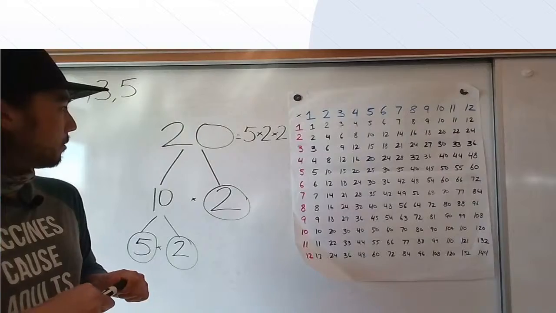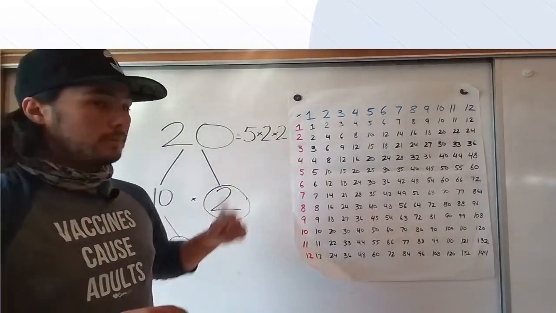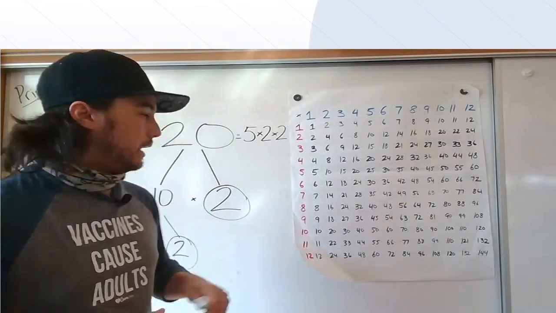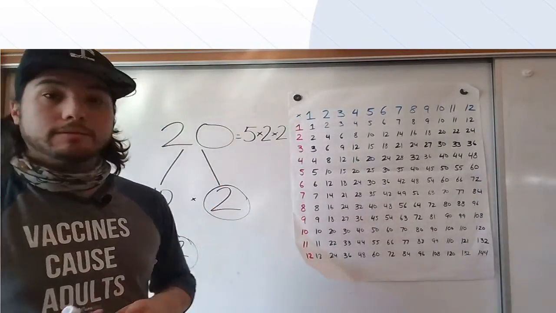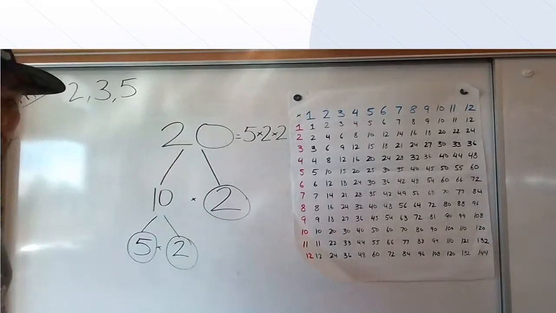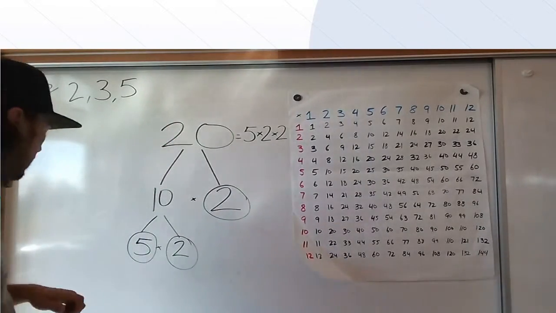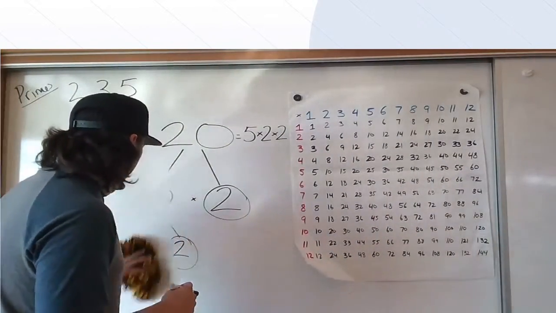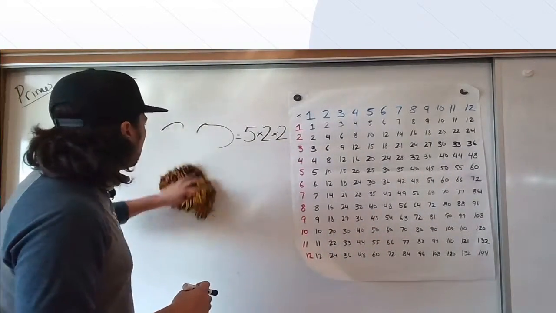That's got nothing but prime numbers in it. And when you multiply them all together in any order, because of the commutative property of multiplication, you end up with 20. Okay? Quickly, let's build a couple more prime numbers in here that might be useful.